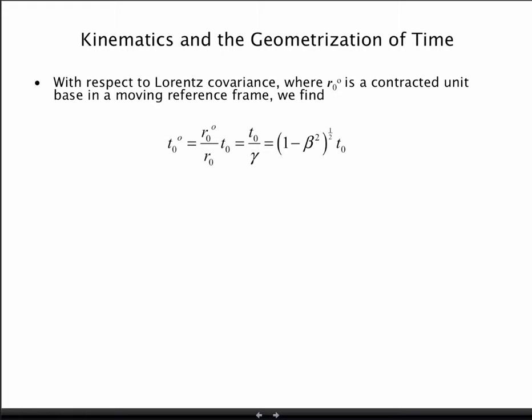Here T superalt is a time unit base in a moving reference frame and is contracted proportionally with the contraction in the space unit base R superalt, as determined by the Lorentz factor gamma. Thus, any time interval measured from that frame using T superalt will be enlarged or dilated with respect to that same interval measured using time unit base T.